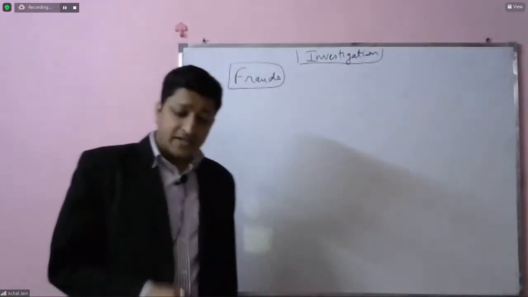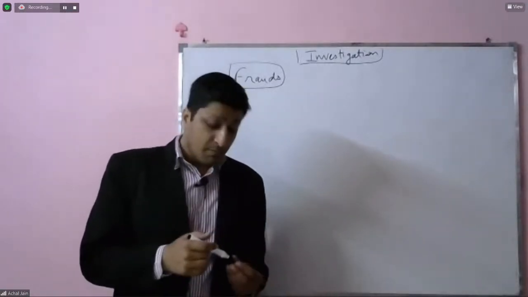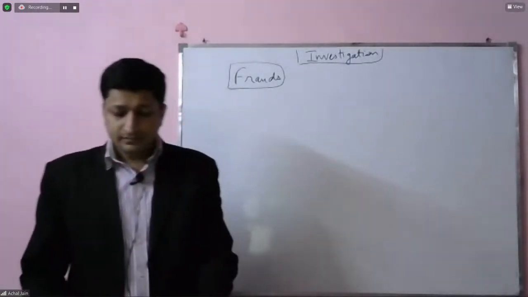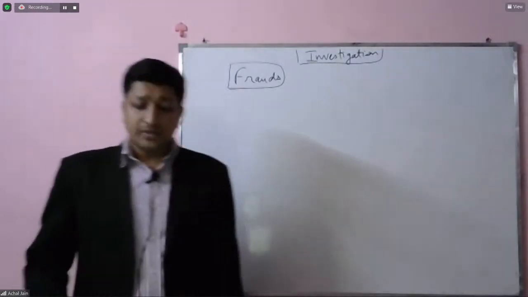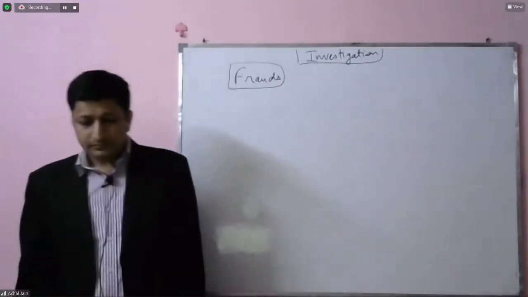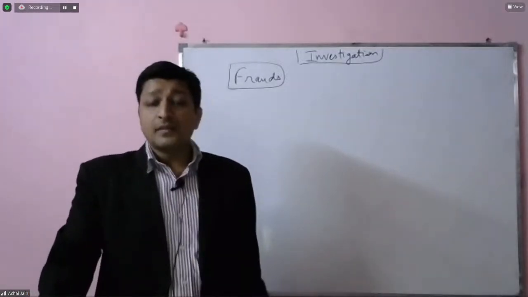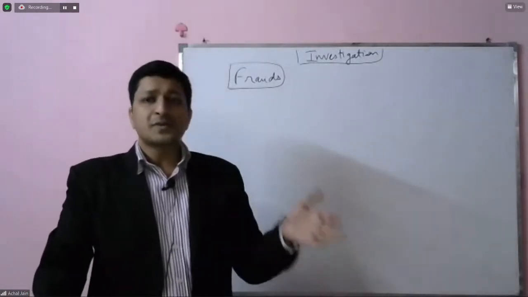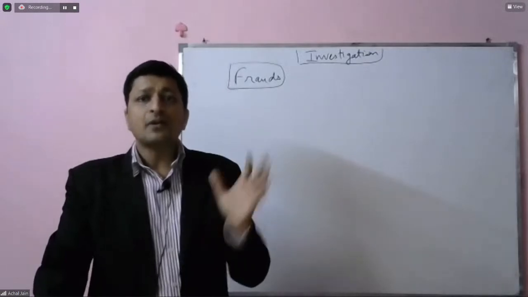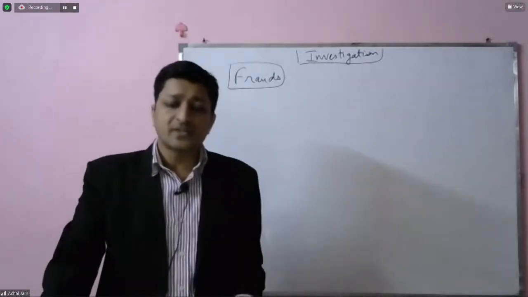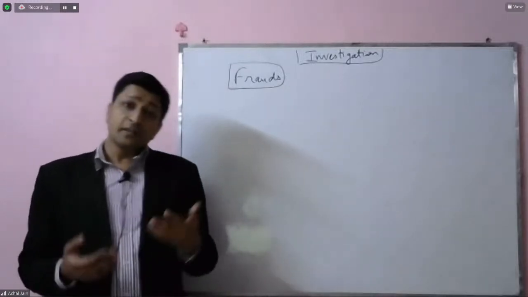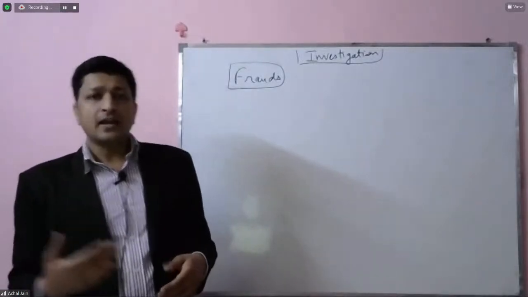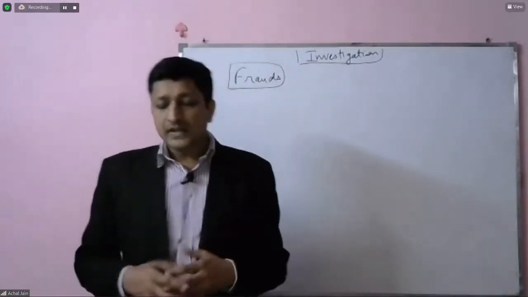An employee has incurred an expense not for official purposes, but for personal purposes, but the bills have been submitted. When the bill is submitted, nowhere on the bill will it be specified whether it is personal or official, isn't it? The bill will not tell you for what purpose the expense was incurred, but the employee will claim the reimbursement as if it was incurred for official purposes. So this is another type of fraud.